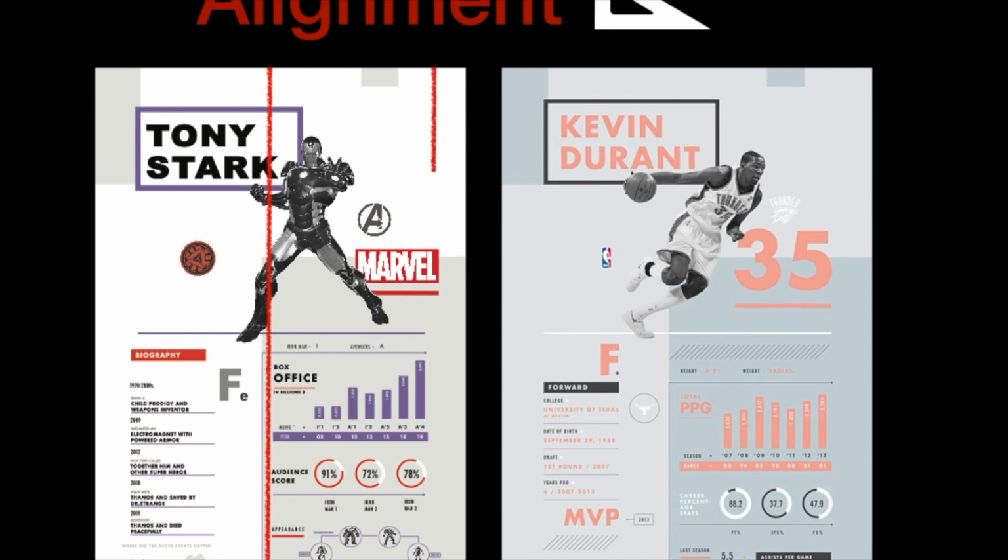I think all of the text and the graphical elements are aligned to the left, as the red lines on the screen show. The consistency of the alignment brings organization and clarity to my infographic, and it also tells the audience, oh, this is a group of elements.